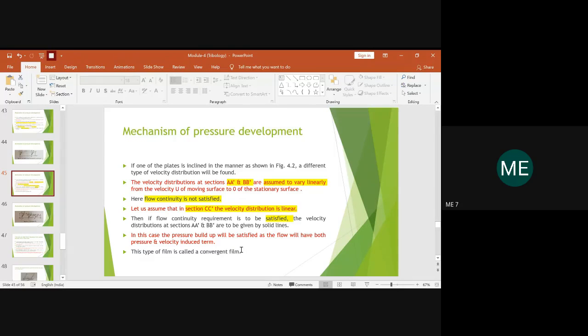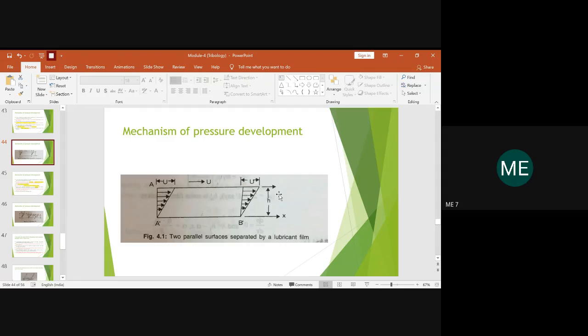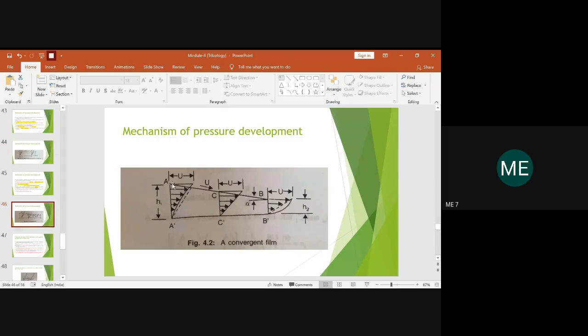So these are the basic concepts related to how pressure will be developed if you have two parallel surfaces with one moving and one fixed, and what happens if you have two surfaces where one is inclined and one is perpendicular to the plane of paper. So how will the pressure distribution happen? If it is inclined, it will not satisfy flow continuity.